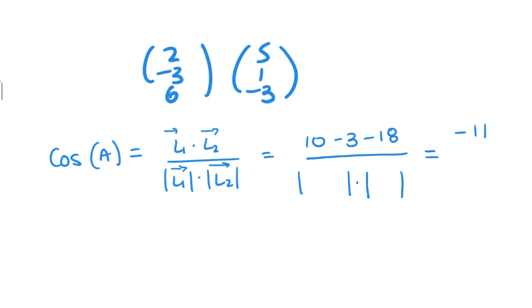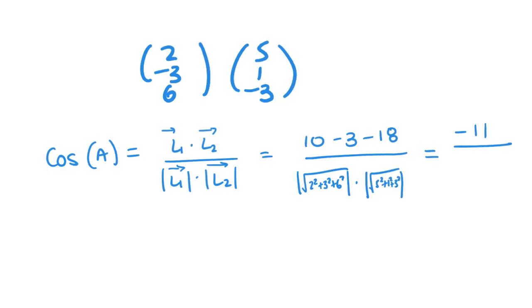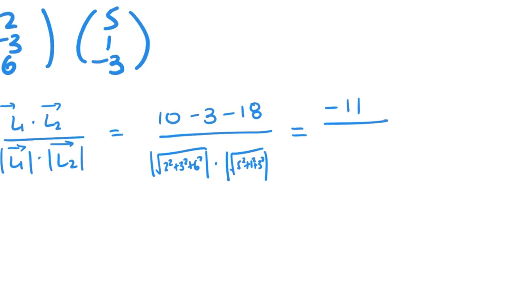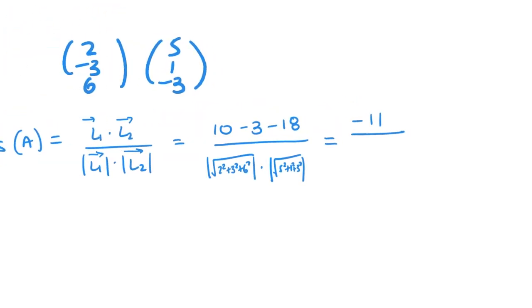This becomes minus 11 when you erase it. Okay, 2 squared plus 3 squared plus 6 squared, square rooted. Now, it doesn't matter here about the negatives because we are squaring each one. We know that a negative squared is a positive.